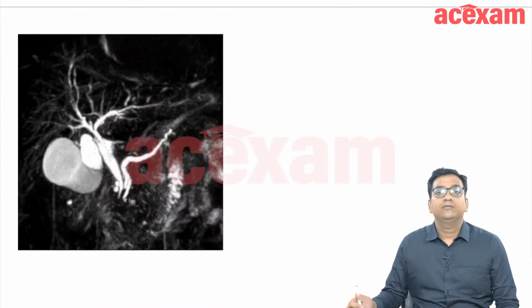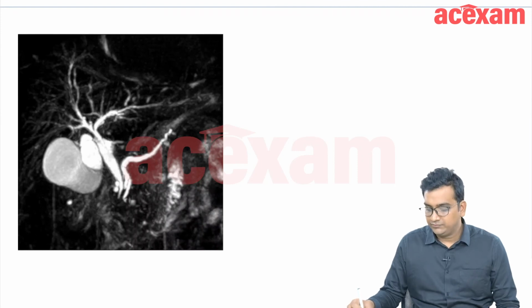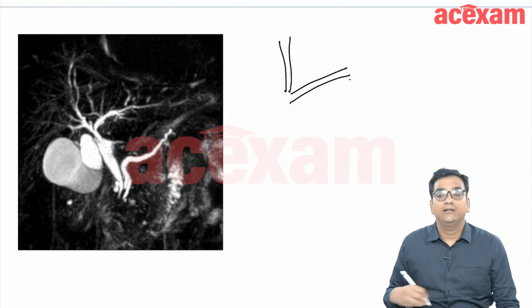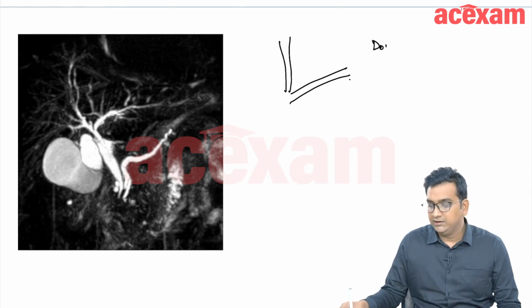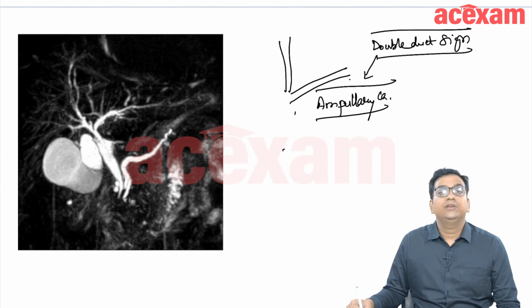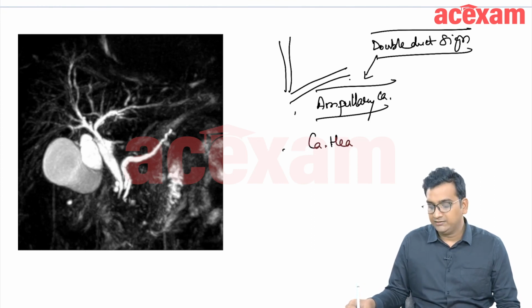Okay. Now, this is a patient having jaundice and MRCP is showing a dilated CBD as well as a dilated pancreatic duct. So this is basically a double duct sign. Double duct sign is classically seen in ampullary cancers and is also seen in CA head of pancreas.